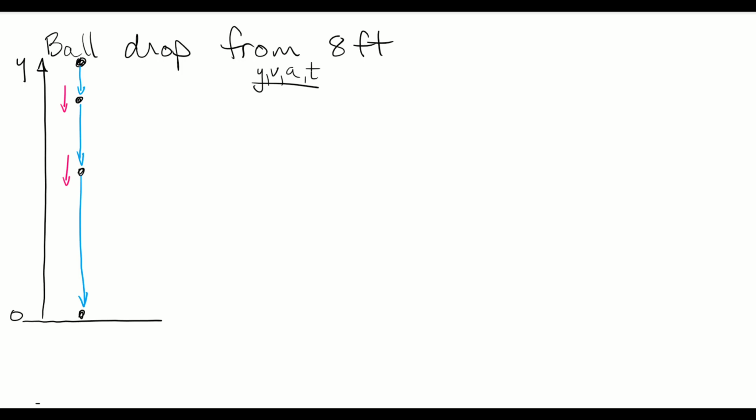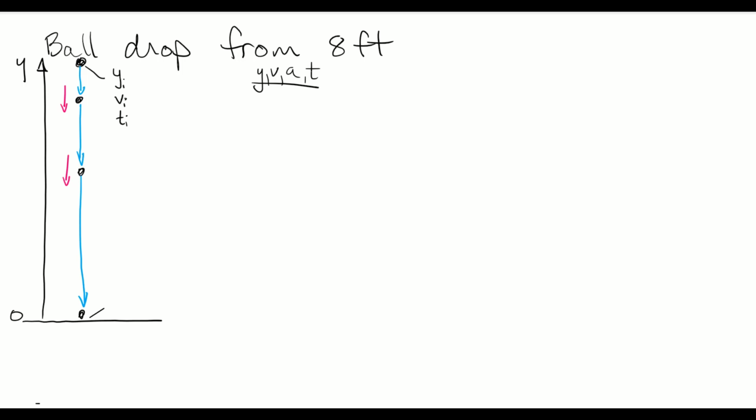At the start, I know a lot about where my system is. I've held up the ball. So I'm going to have initial positions and velocities, and I want to know about when it hits the ground, so I'm going to want final ones. So I'm going to label my initial position, my initial velocity, and my initial time.